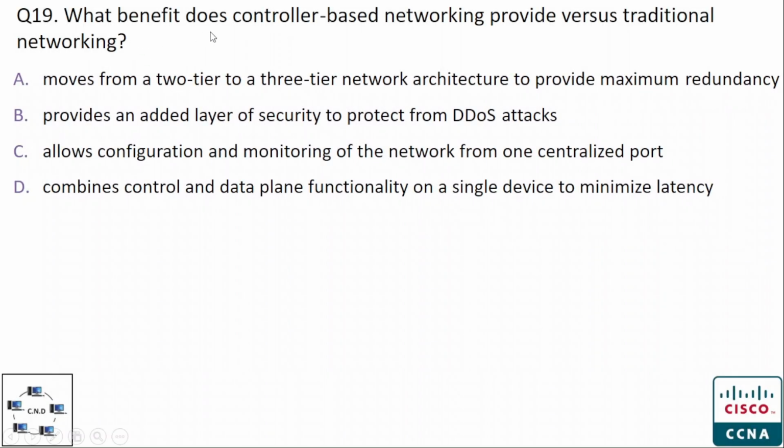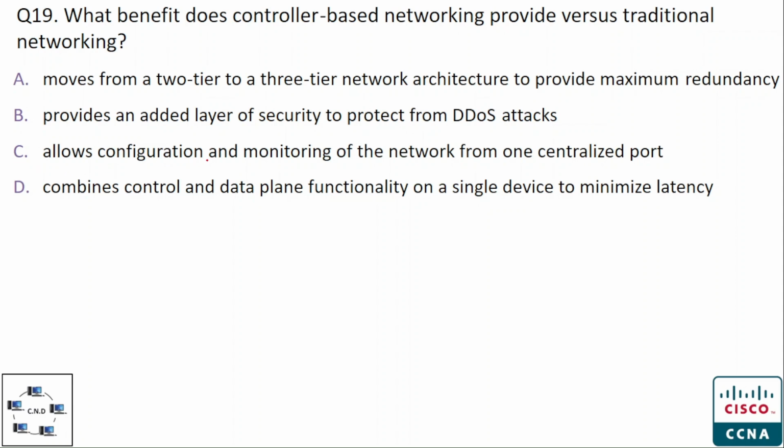Question number 19, what benefit does controller-based networking provide versus traditional networking? The controller-based networking is basically software-defined networking, where a centralized control plane and controller is used as compared to traditional networking. So what are the benefits of SDN? And the options are: option A, it moves from a 2-tier to 3-tier network architecture to provide maximum redundancy. Option B, provides an added layer of security to protect from DDoS attacks.